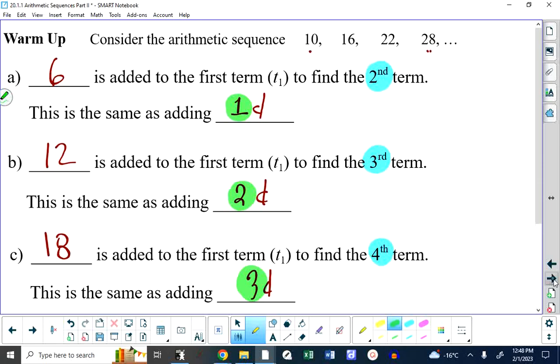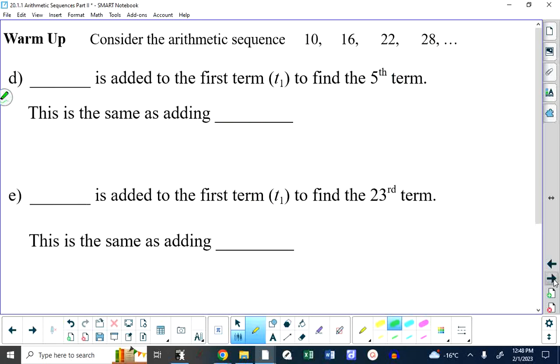We can keep going with this, right? What do I add to the first term to get to the fifth? Well, at this point in time, I don't even really care what the fifth term is. It's easy enough to find. And I don't really even care what the number is. Apparently, the number is going to be 24. Does that make sense?